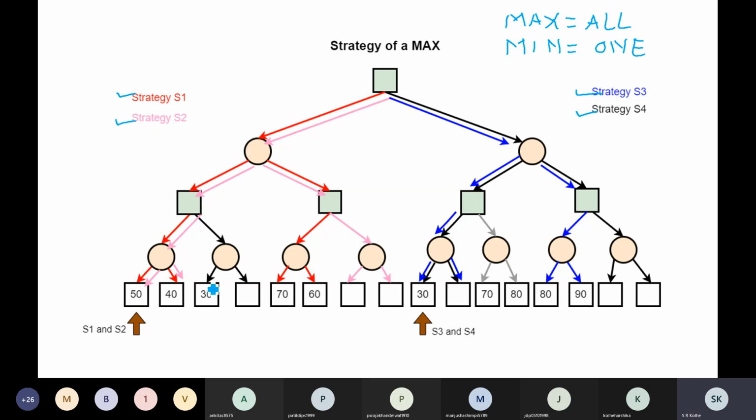Then this node 30 will be a part of S5 and S6. Am I right? And this 80 will be a part of S7 and S8. So at max we select all and at min we select 1 for finding out the set of nodes which will cover all strategies. Okay?